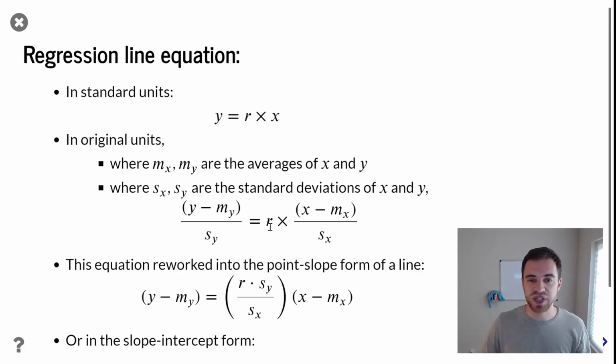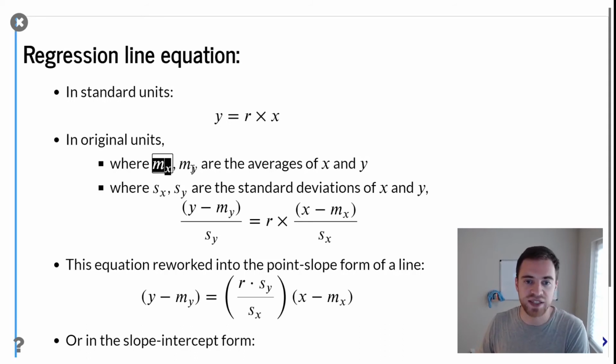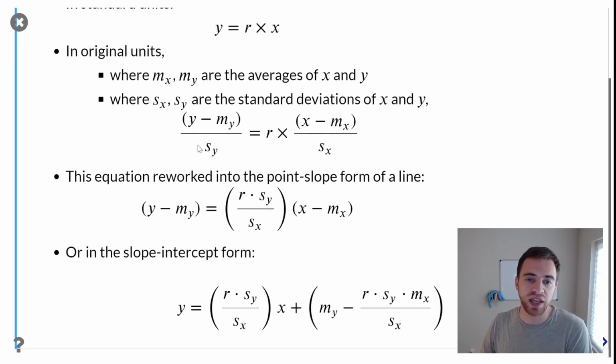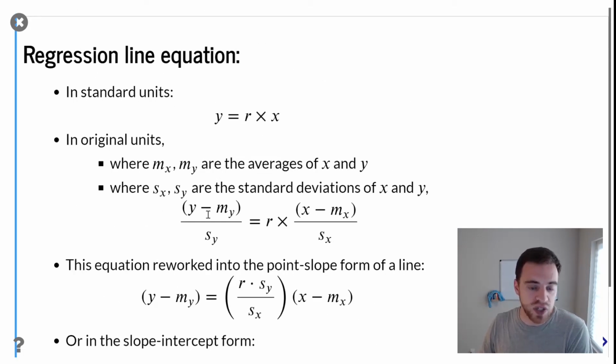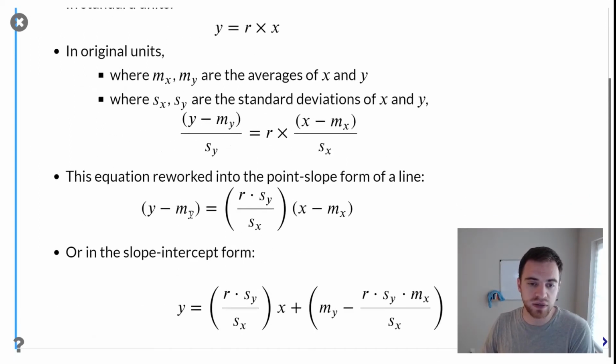There's a little bit of notation here. In original units, I have the mean of the x's, the mean of the y's, the standard deviation of the x's, and the standard deviation of the y's. I can solve for y in original units like this.